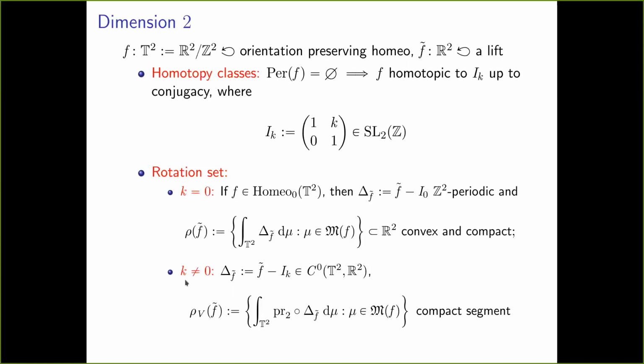What happens when k is different from 0? Of course, you can consider exactly the same displacement function here, but the point is that this displacement function is not a cocycle anymore. So a priori, you could do the same you did in the identity isotopy class, a homotopy class here in dimension 2 is the same, but not in higher dimension.